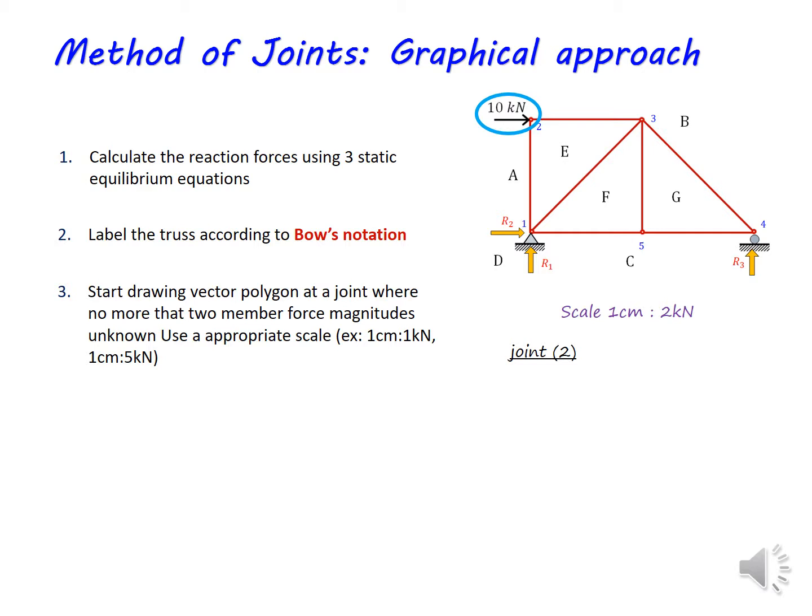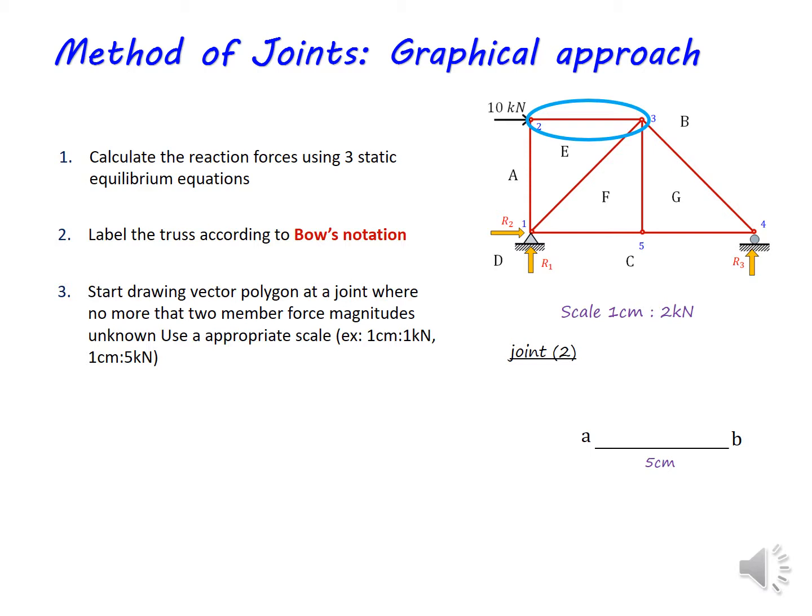The starting point is A, and I'll just mark A there, and the 10 kilonewton arrow is towards the right side, the horizontal force. So I just mark a horizontal line of 5 centimeters, and at the end of 5 centimeters I can mark point B. Now AB represents the 10 kilonewton.